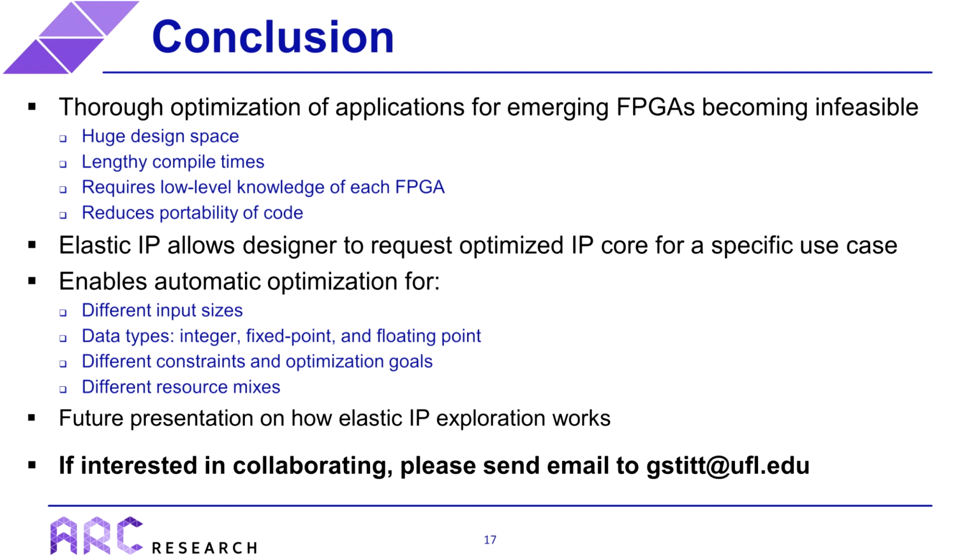Now, we proposed Elastic IP as the solution to this, where Elastic IP allows designers to request a specific implementation for an IP core based on a specific use case. And we showed that this enables automatic optimization for different input sizes, different data types, different constraints and optimization goals, and different resource mixes within the FPGA.